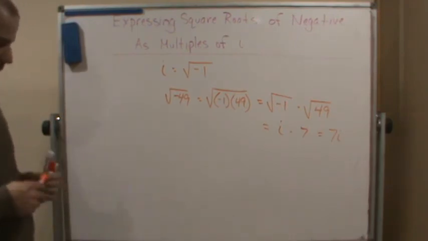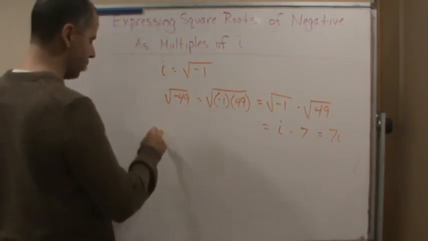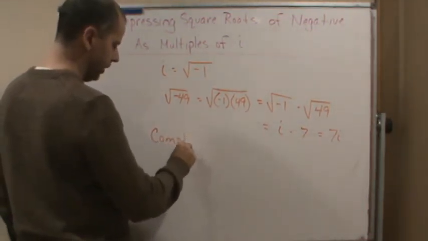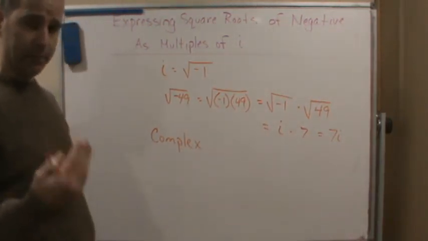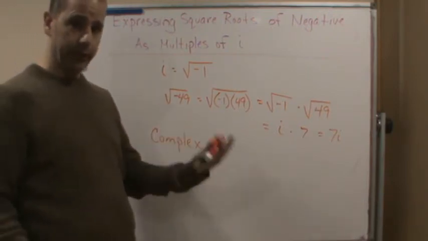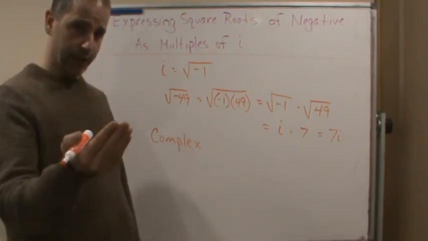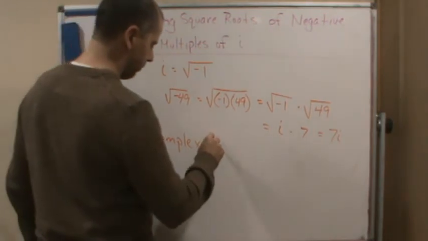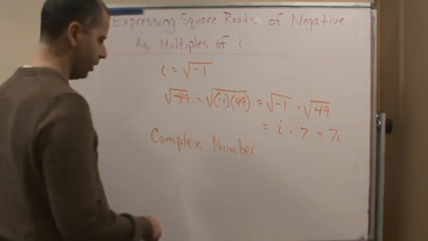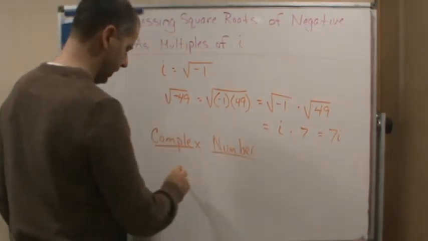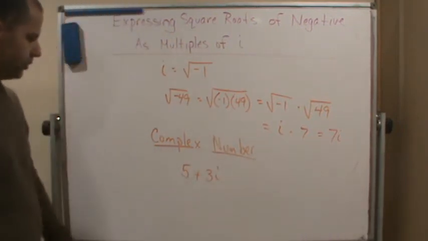Now, a complex number is given by two pieces. A complex number is a combination of a real part and an imaginary part, so a real number and an imaginary number. A complex number could be something like 5 plus 3i.